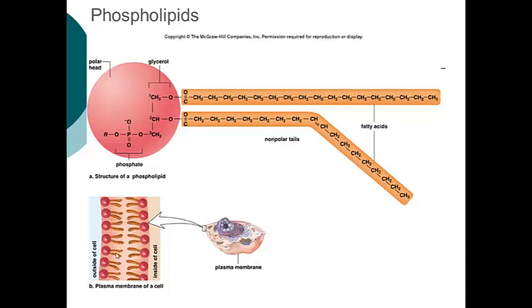So the formation of a bilayer to produce this plasma membrane or cell membrane exists primarily as a very, very, very micro thin layer of lipid that regulates what's going to enter and what's not going to enter cells.